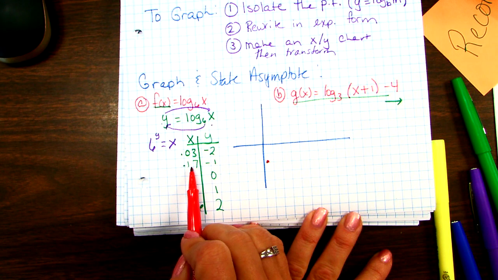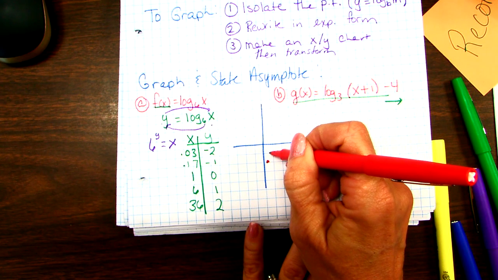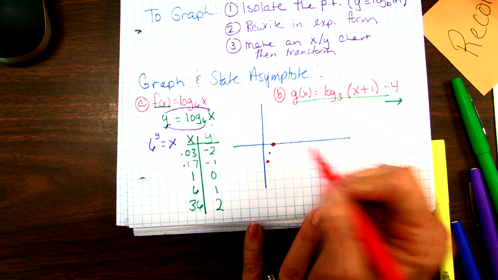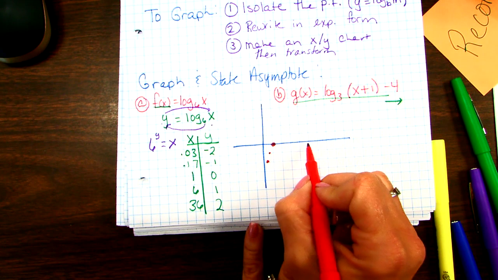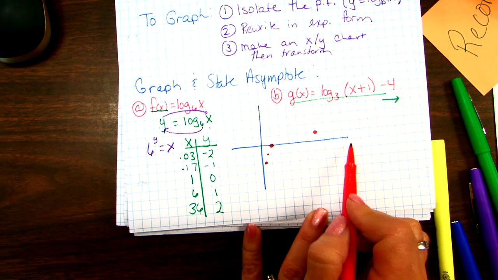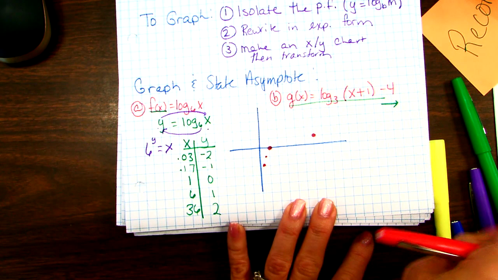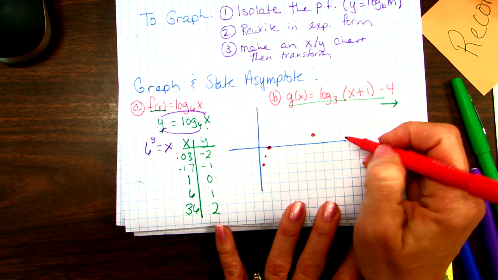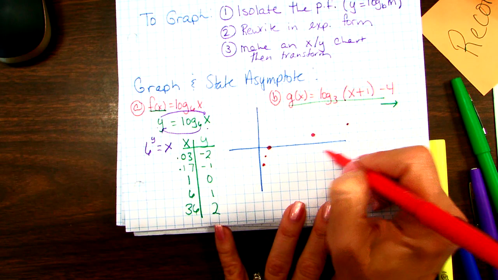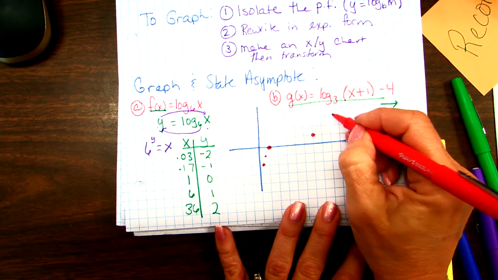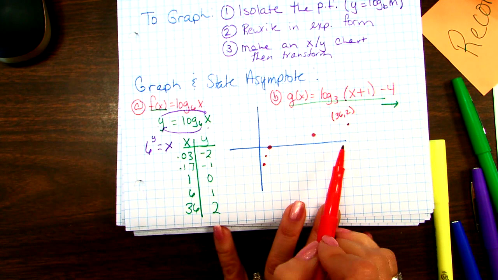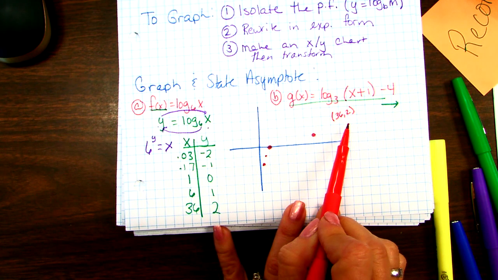To the right a tiny bit more, down -1. 1, 0 would be here. 1, 2, 3, 4, 5, 6, 1 would be here. And 36, 2 is way that way. Please, let's not waste my graph paper to do that. Just like we did with exponentials, just put it somewhere down there and label it. Just tell me you know that that's not actually to the right 36 up 2.